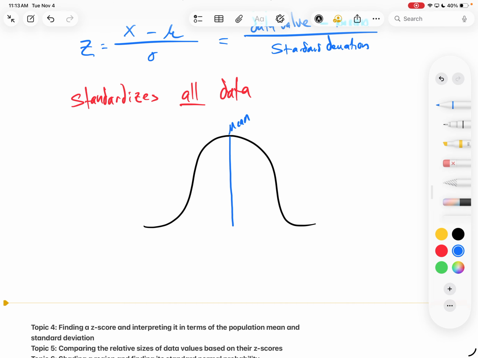And so for z-scores, if my z-score is how many standard deviations I'm away from the mean, at the mean I'm 0 away, right? If I go to the right side, I would add 1, so my z-score is 1, 2, 3. So I'm 1 standard deviation away, 2 standard deviations away, 3 standard deviations away. On the left side, you subtract, so it'd be -1, -2, -3, okay?